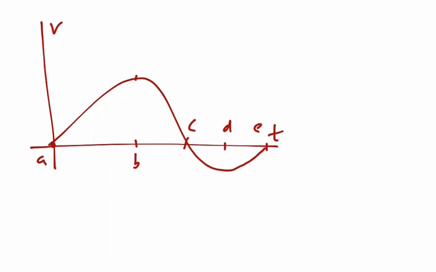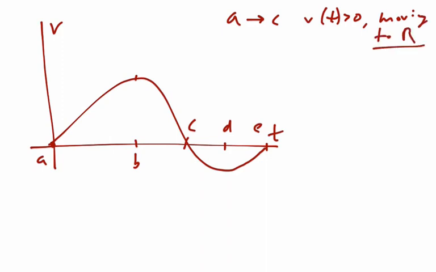Well, between a and c, the velocity is positive, v of t is greater than 0, so the particle here is moving to the right. And similarly, from c to e, v is negative, so therefore the particle is moving to the left.